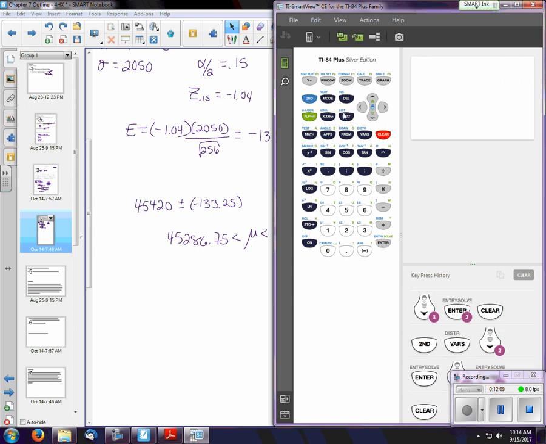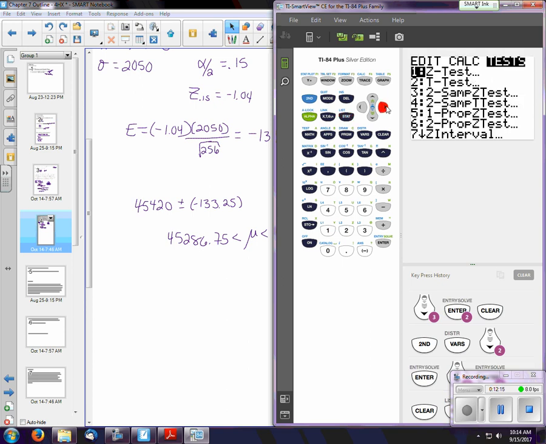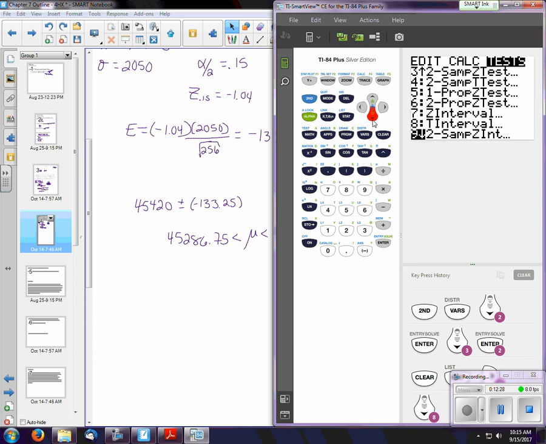Those calculator functions can be found under Stat, then go over to Tests, and then you'll see here there's a whole bunch on this list. If you scroll down where it says intervals, for sigma known, since we always use z, there are several options here just to show you. We have z intervals, t intervals, which we'll just discuss in the next video, and proportion intervals.